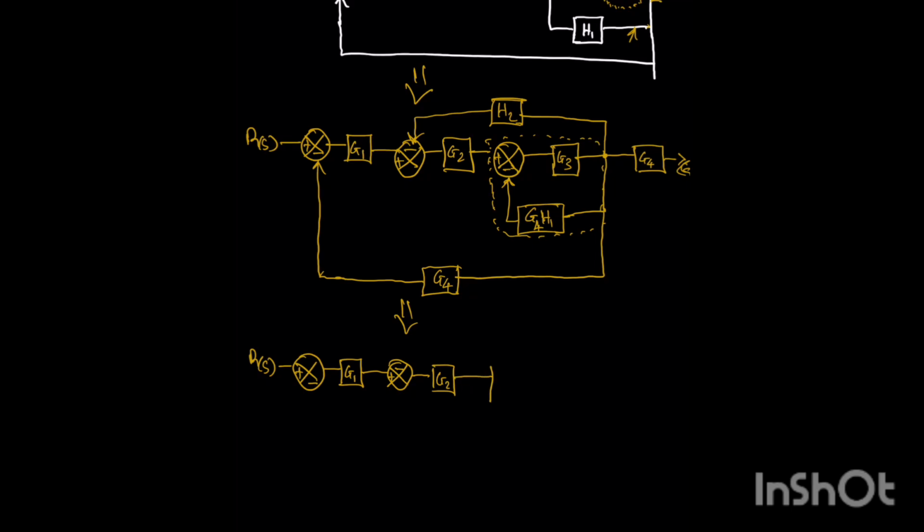So resolving this now, what we'll be having is, this is a negative feedback. So resolving the negative feedback, we'll be having G3 all over 1 plus G3 H1 G4. So this is what we are going to be having.